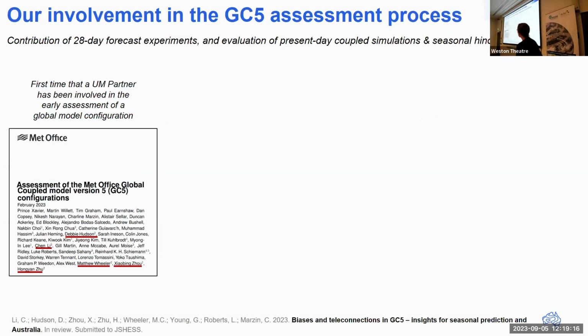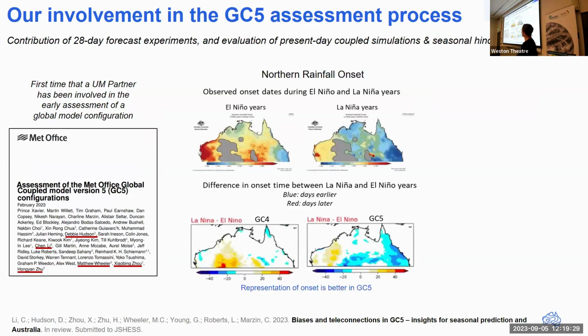Just to give you some idea, this is actually the first time that we've been involved early on in this development process of the latest system, the GC5 system. I'm going to give you an example of two sorts of things that we looked at. I like this one because it's a user-focused metric.